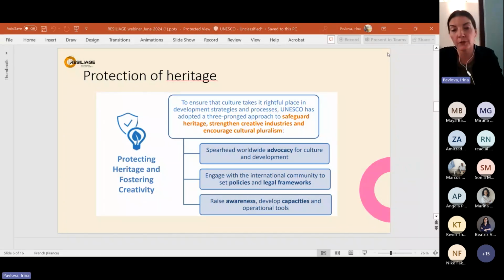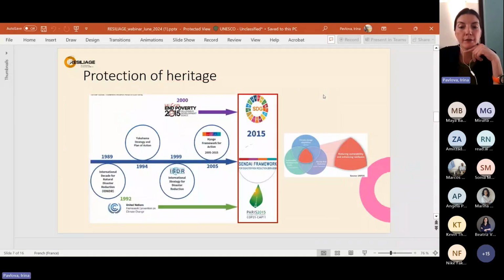From the UNESCO perspective, we talk about a three-element approach to protect heritage and foster creativity: advocacy, policies, and raising awareness. First, let's give a short snapshot of policy aspects.